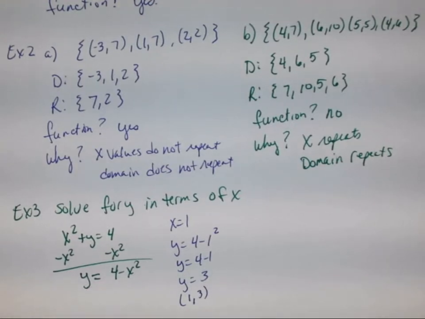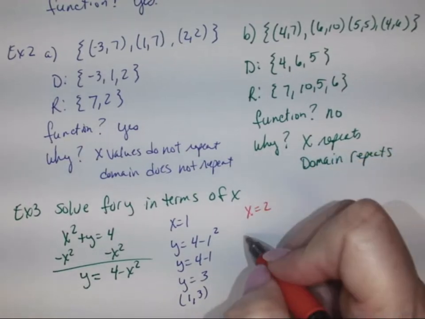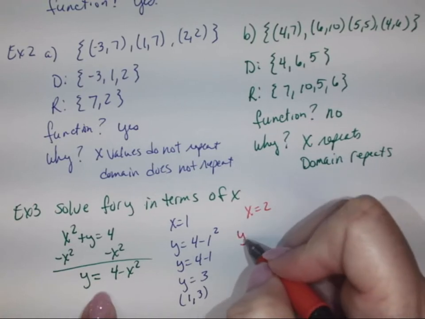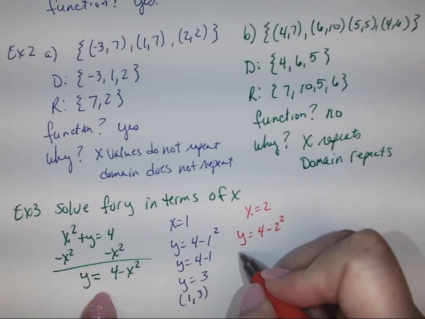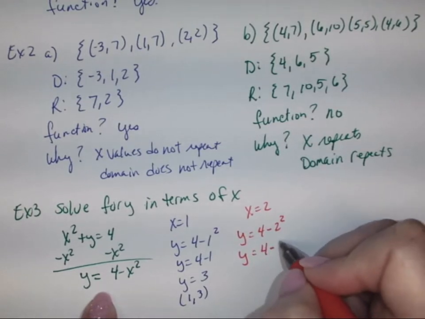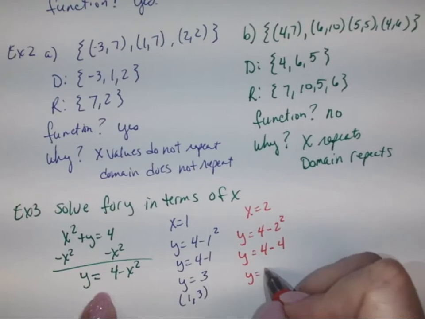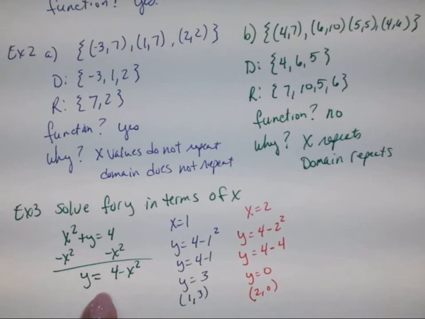All right, let's pick another value. Let's go with x is equal to 2. So then we have y is equal to 4 minus 2 squared. 2 squared is 4. 4 minus 4 is 0. So now we have an ordered pair of 2, 0.